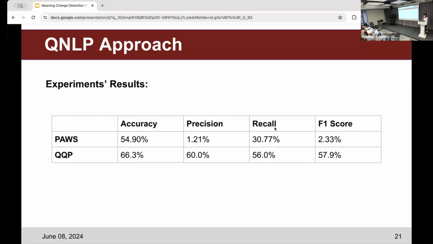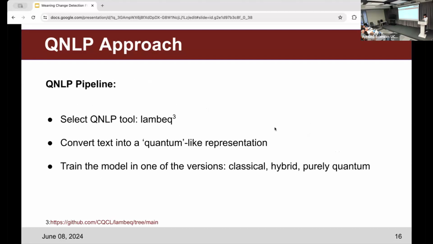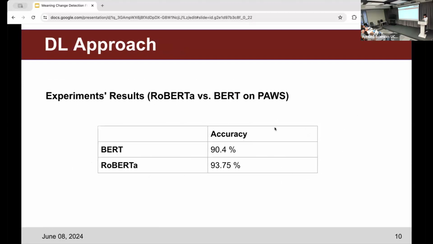I also have a couple of questions. I'm curious about your comparison with BERT and RoBERTa, if you can maybe open that slide. You provide just the accuracy, but I'm curious about the training. How many epochs did you do? What was the setup?